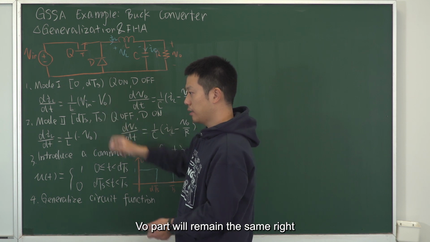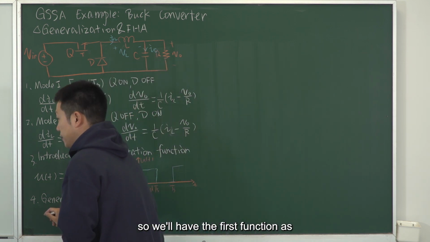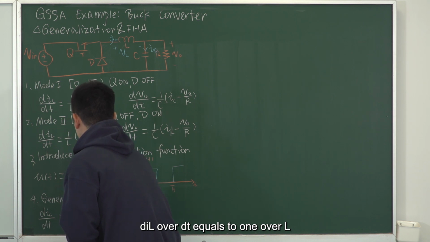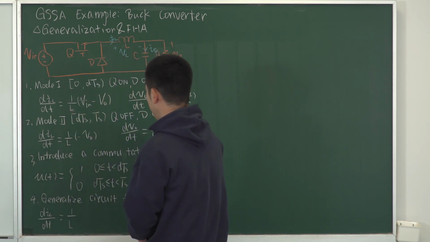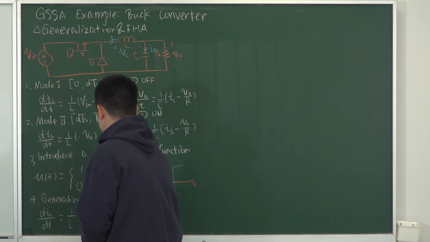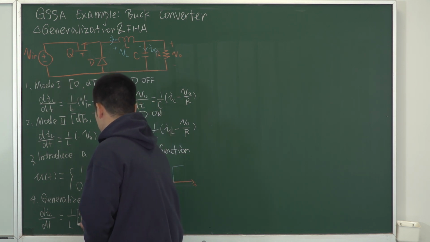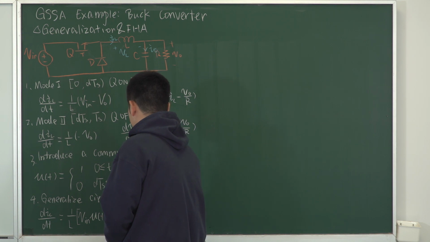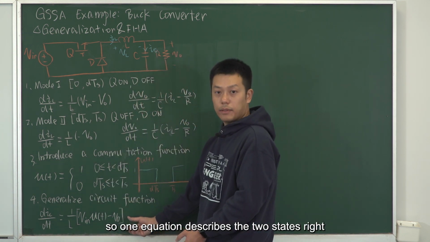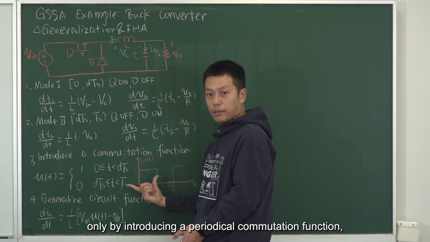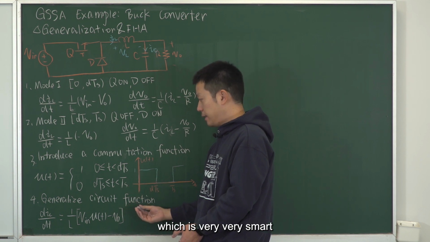The VO part remains the same, right? So we'll have the first function as dIL over dt equals 1 over L times Vin times u(t) minus VO. So one equation describes the two states, only by introducing a periodical commutation function, which is very, very smart.